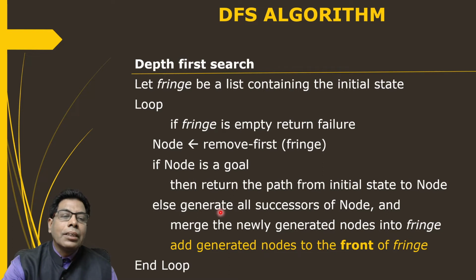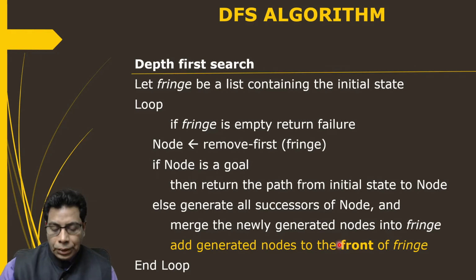Else it will generate all successors of the node and merge the newly generated nodes into the fringe, and here we add generated nodes to the front of the fringe. This is the place where the nodes are added to the front of the fringe. In the case of breadth first, it was at the back of the fringe. So here nodes are added at the front of the fringe, and then we end the loop. In this way the DFS algorithm will operate.